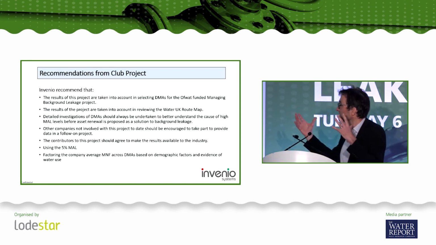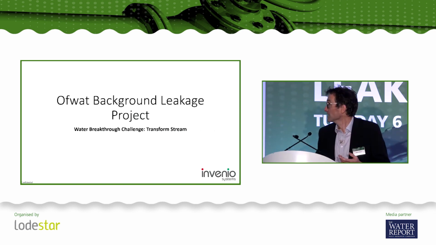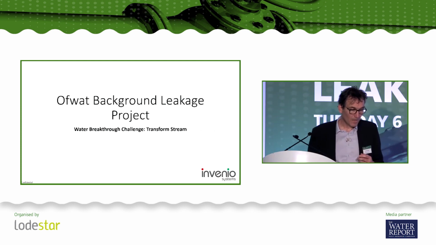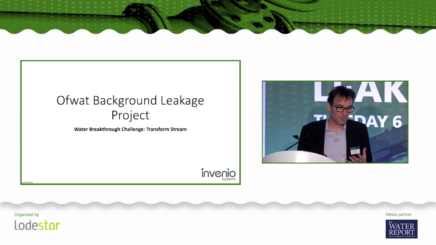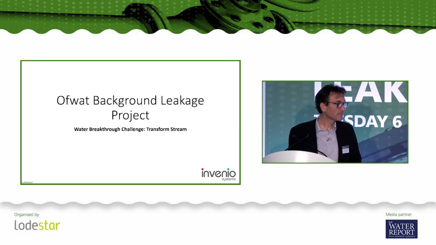So that's the club project. Now that club project was meant to be a precursor to the Ofwat background leakage project, which was financed as part of the Water Breakthrough Challenge.